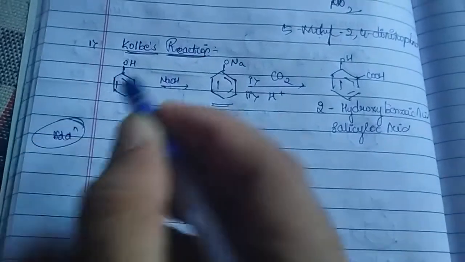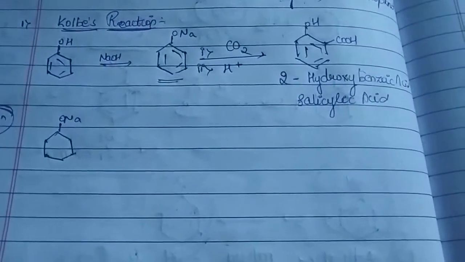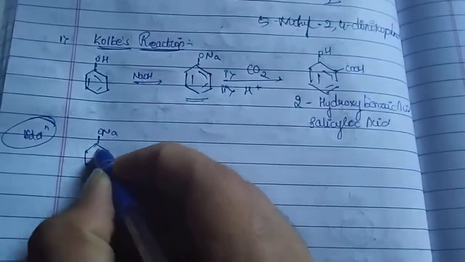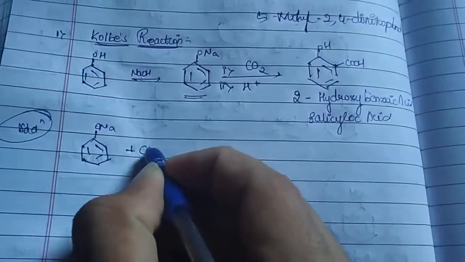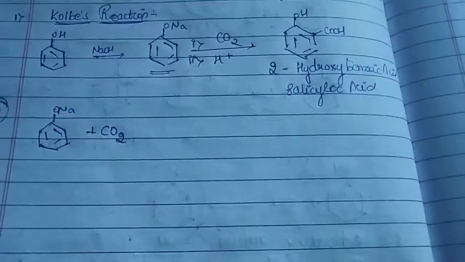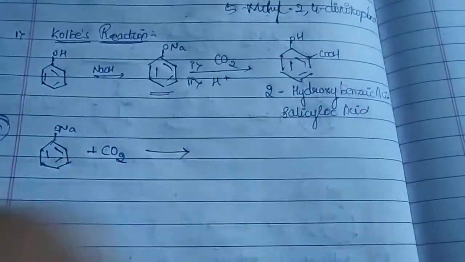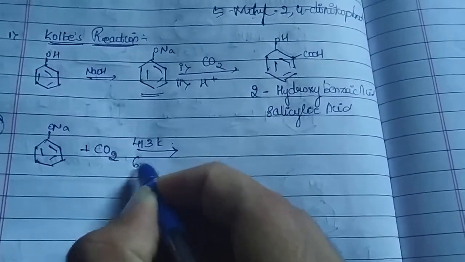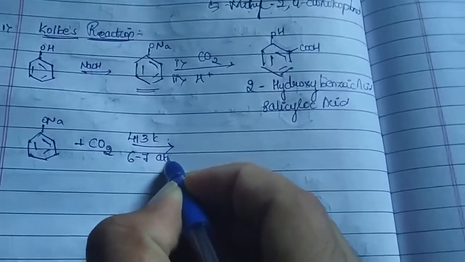There is no need to write this part in your exam, but it will be important when you're going through your competitive exams. First, this sodium phenoxide is treated with carbon dioxide. We have to maintain a temperature of nearly 413 Kelvin and nearly 6 to 7 atmospheres.